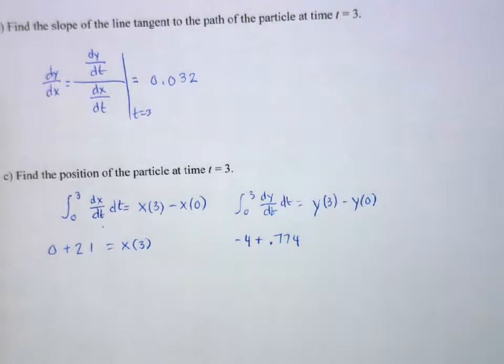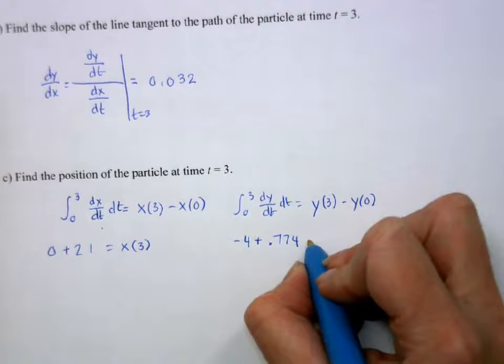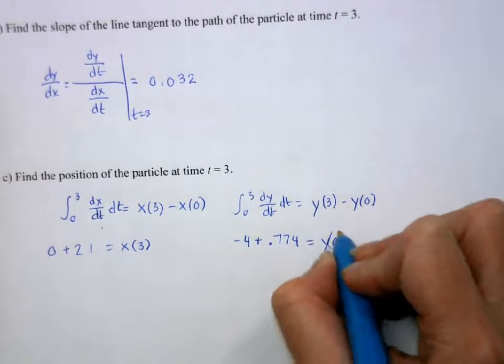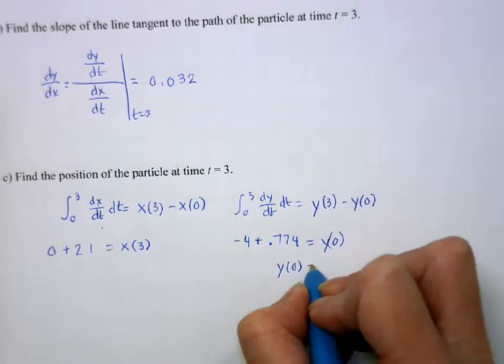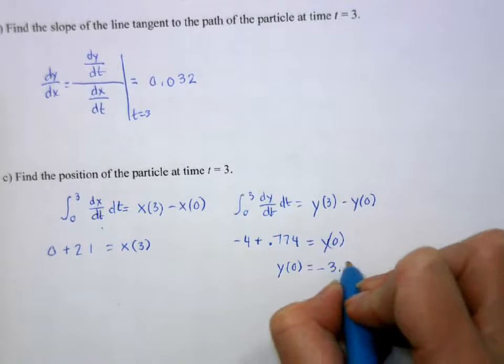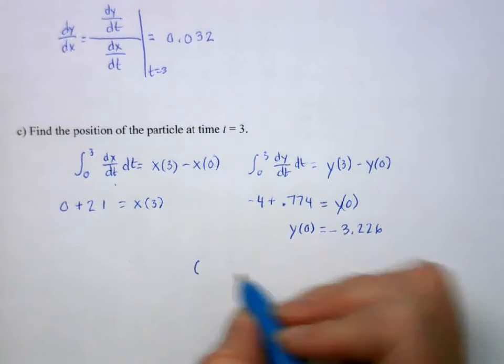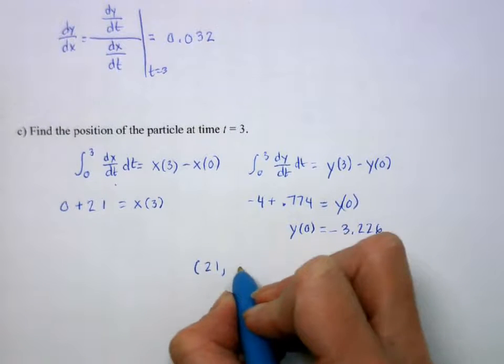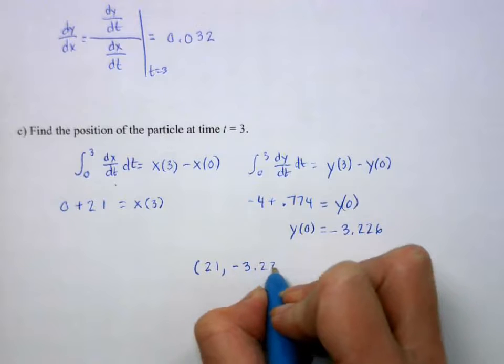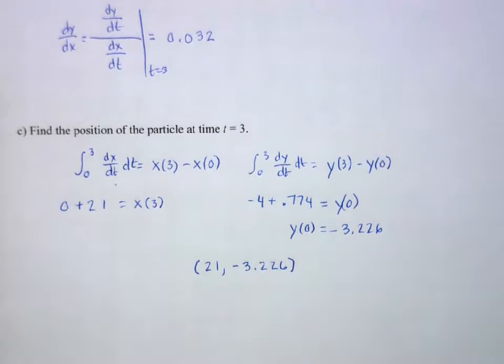Subtract 4 and get negative 3.226. So my final answer here, my position is going to be 21, negative 3.226. So those are your 3 calculator questions for your free response.